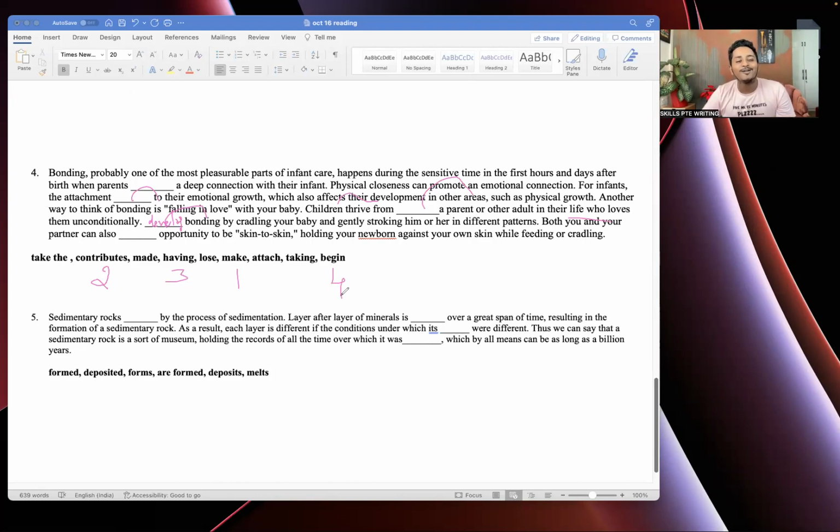Opportunity, take the opportunity. Simple. You don't need 8 minutes to solve this. 30 seconds, this 1 minute, this is a little tricky. 1.5 minutes, you should solve it. Both you and your partner can also take the opportunity. See, in the exam, all the questions may not be based on collocation. This is purely based on collocations.